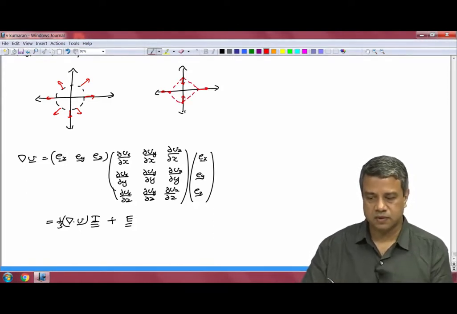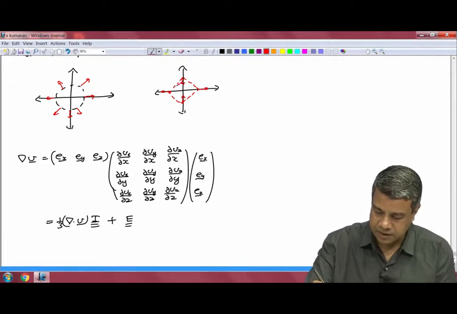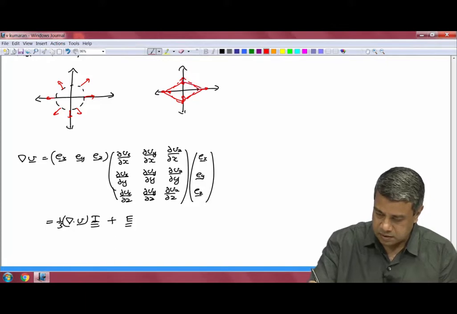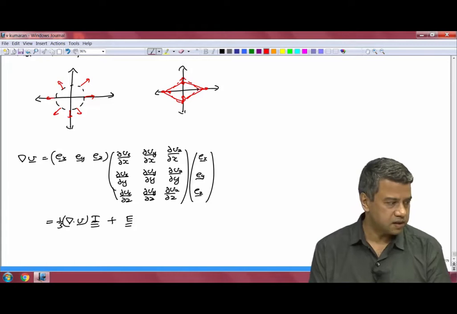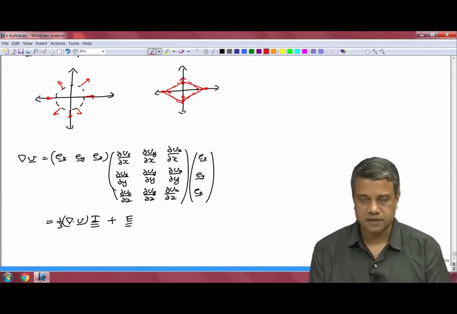So that the volume which is initially like this expands along one direction and compresses along the other direction. That is in 2 dimensions, and I had justified that for you in the previous lectures.